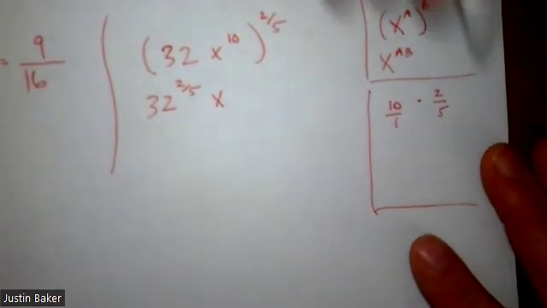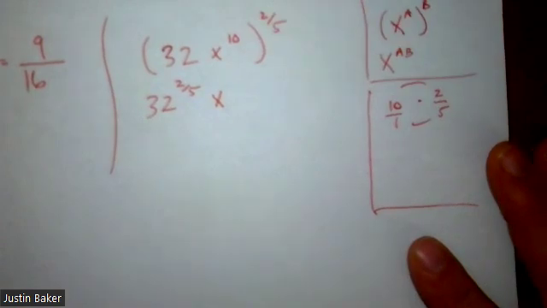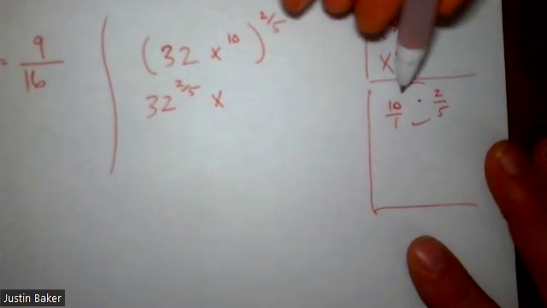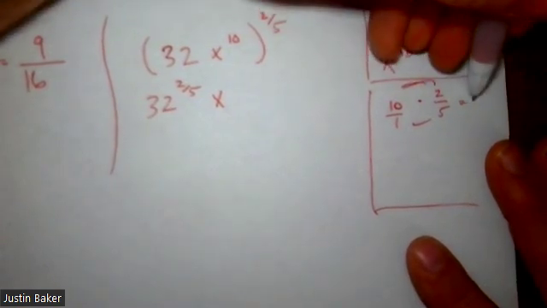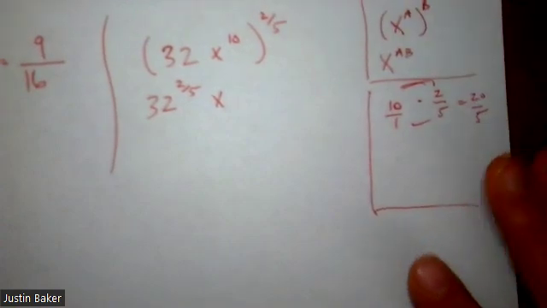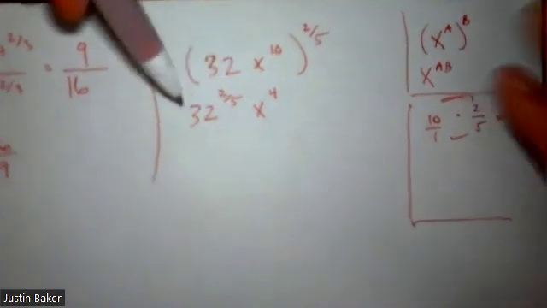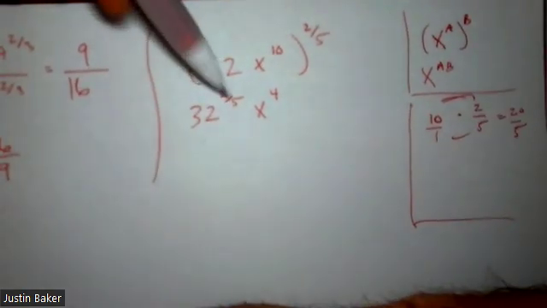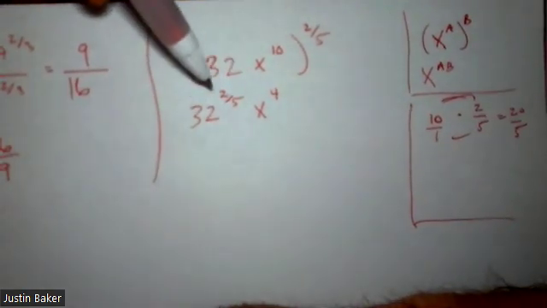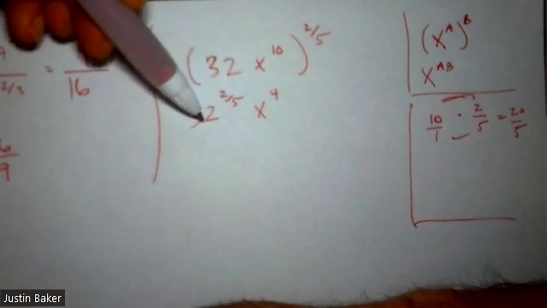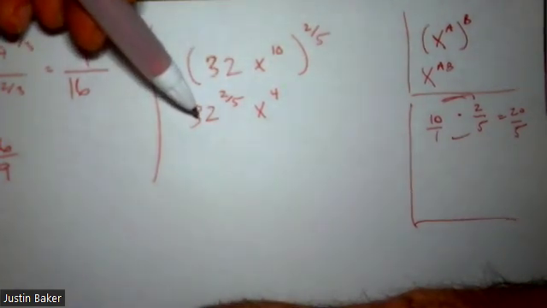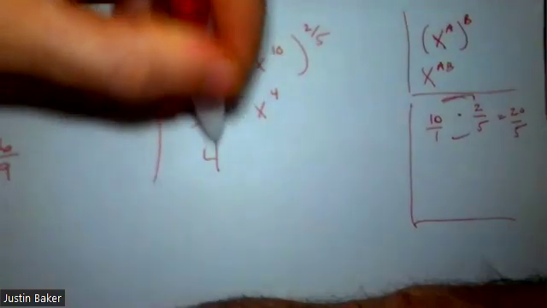And when you multiply fractions, you multiply the tops and you multiply the bottoms. So this is really 20 over 5, and 20 over 5 is really 4. Okay, back to our problem now. What is 32 to the 2/5 power? 32 to the 2/5 power says the 5th root of 32 is 2, and then 2 squared is 4.